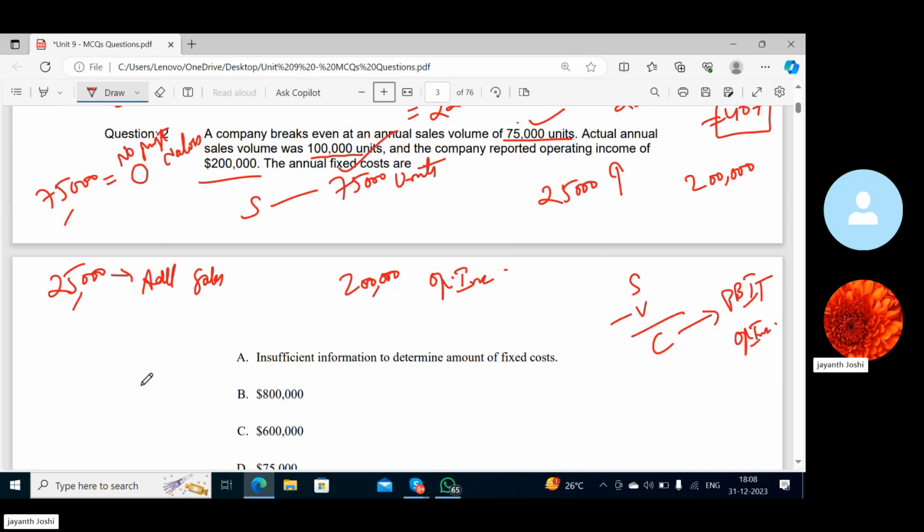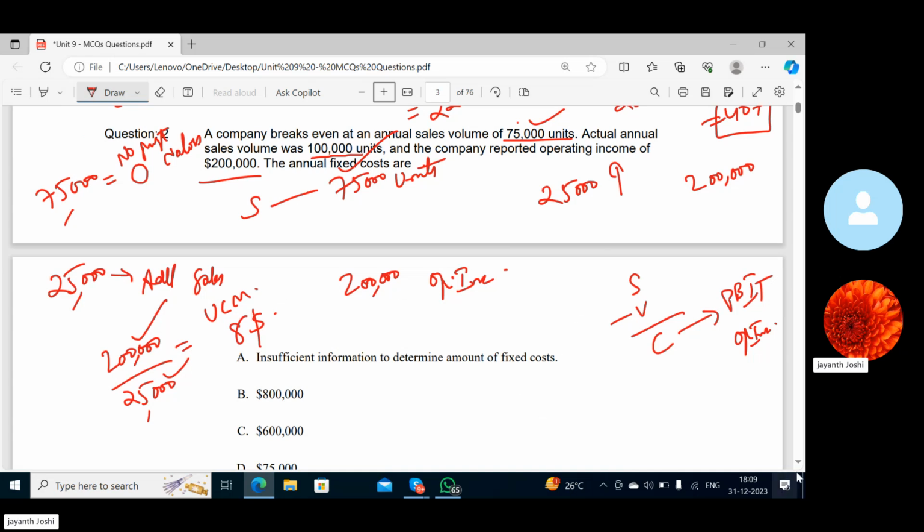So what is the unit contribution margin? Your operating income divided by number of units. That is the UCM, unit contribution margin. This is your operating income or contribution for the extra units. So per unit, how much is the contribution? $8, right?